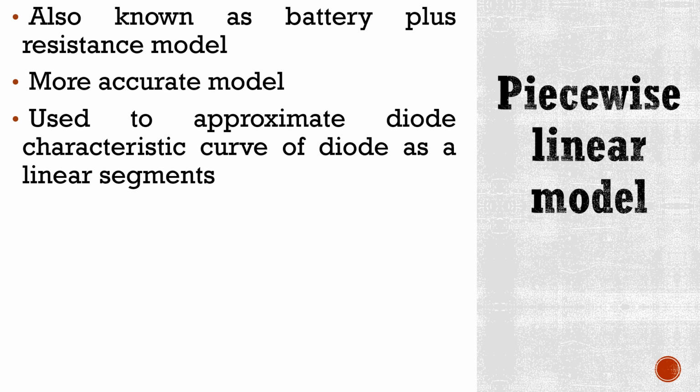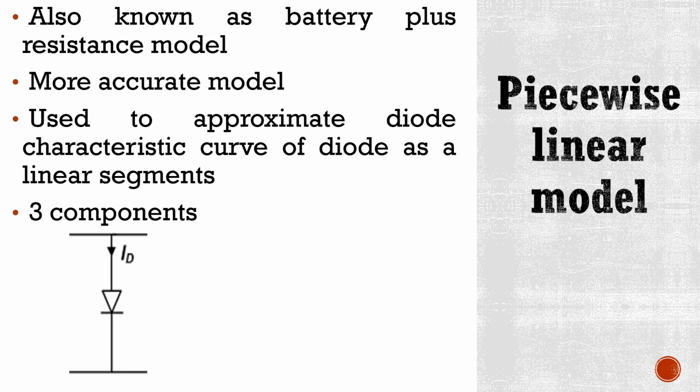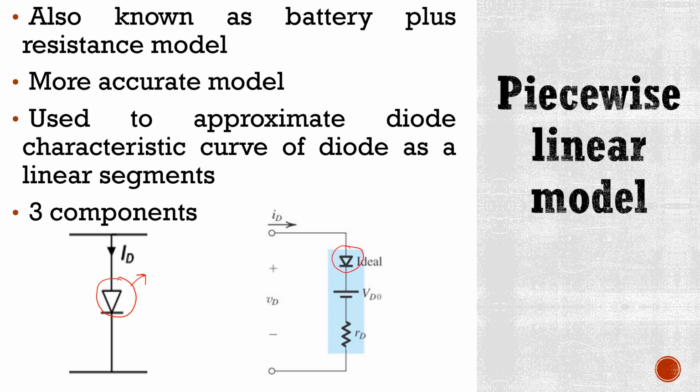In this model, the real diode is modeled as three components that are connected in series. Now, look at this. This is the real diode model. Now, in the piecewise linear model, this diode is replaced with an ideal diode, a voltage source, and a resistor, and all these three components are connected in series.